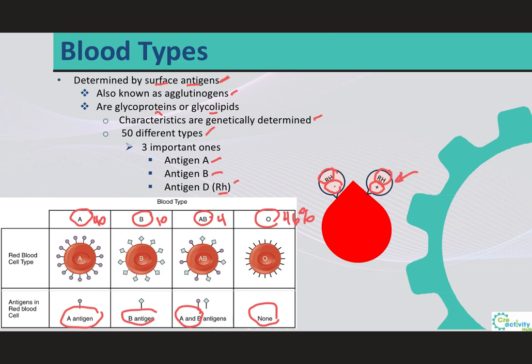And if there is no presence of RH antigen, then the individual is RH negative, which makes sense, right? When recording the blood type of a patient, the term RH is usually omitted, and the data are usually reported as, for example, O negative or A positive or AB negative. So that's how we report the RH.